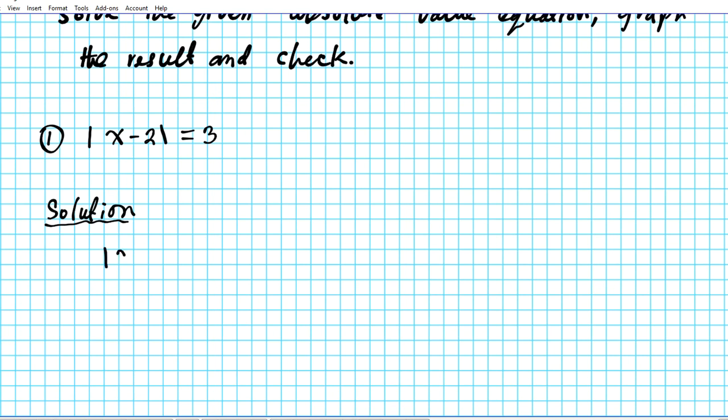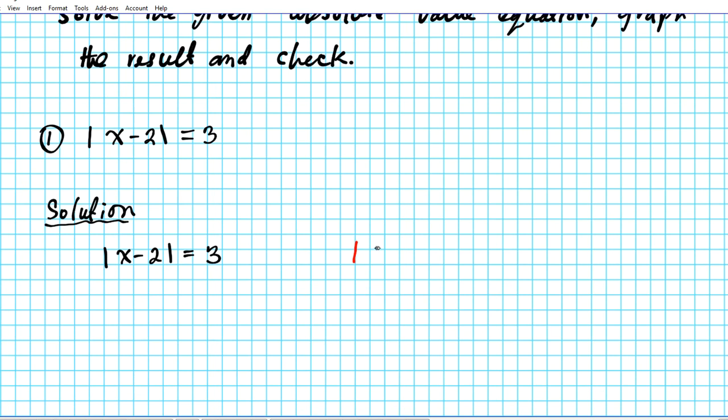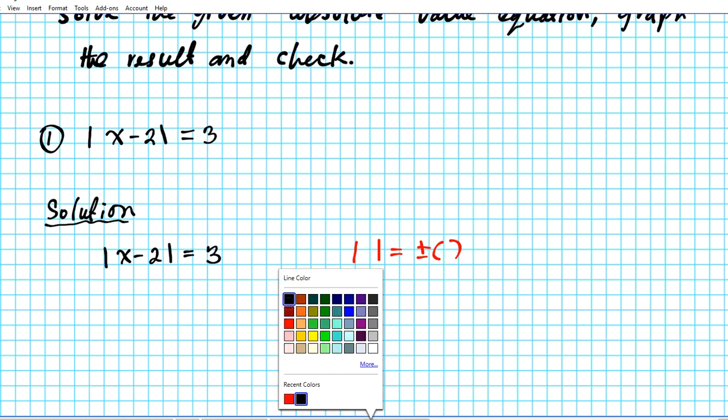So we have the absolute value of x minus 2 equals 3. Now, first things first, we want to get rid of this absolute value bracket. Remember what we talked about, that the absolute value bracket can be replaced with plus or minus parentheses. Okay, so we're going to apply that procedure here.